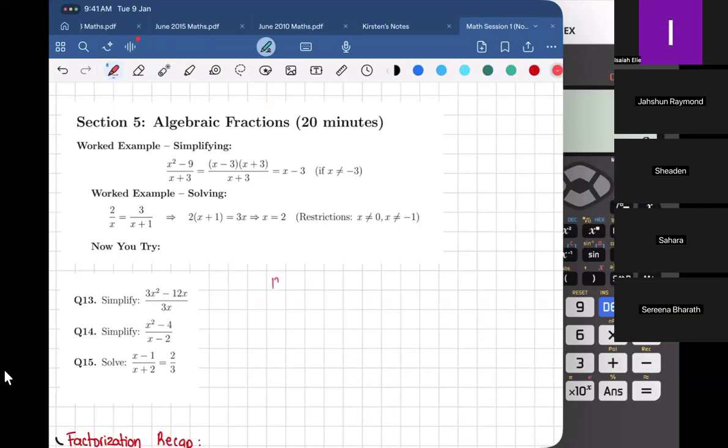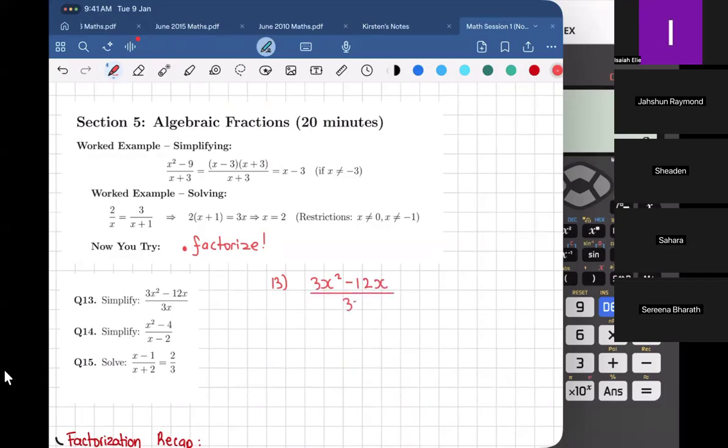With these questions, you need to do what first? Factorize. So if we have 3x squared minus 12x, how would we factorize that?